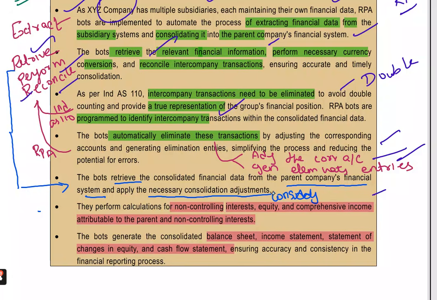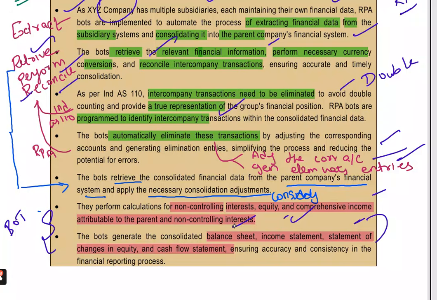Once it is over, here are the final two points. In general we perform the calculations, but here the bots or the RPA perform the calculation of non-controlling interest, equity, and comprehensive income attributable to the parent as well as the NCI. So it will be calculated.